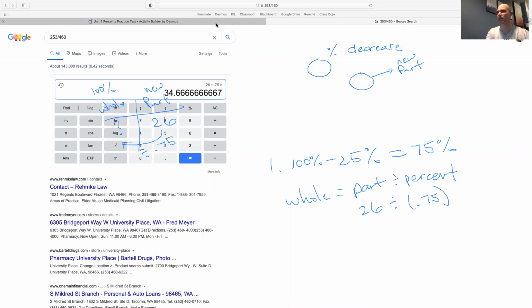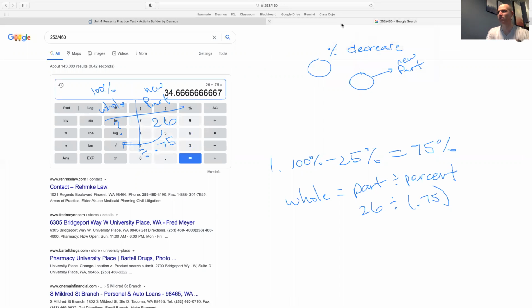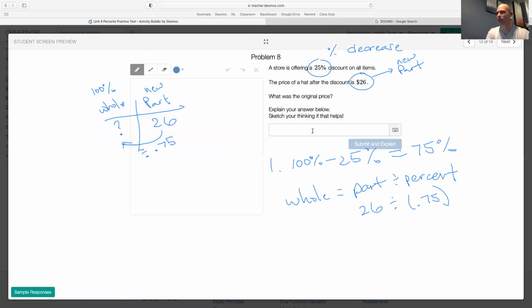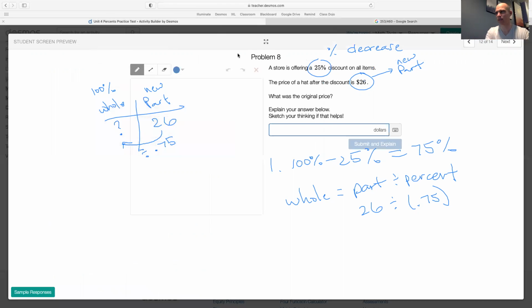Did I do that right? 26 divided by 0.75. Yeah. No, I guess we just round this in terms of what answer we actually put in here. So the calculator is giving me $34.66 repeating cents. So I guess it'd be $34.67 you would round it to.